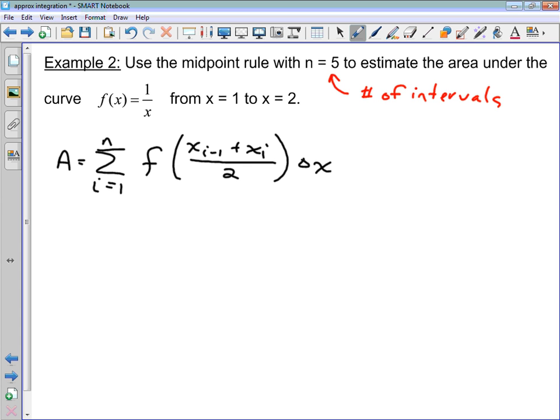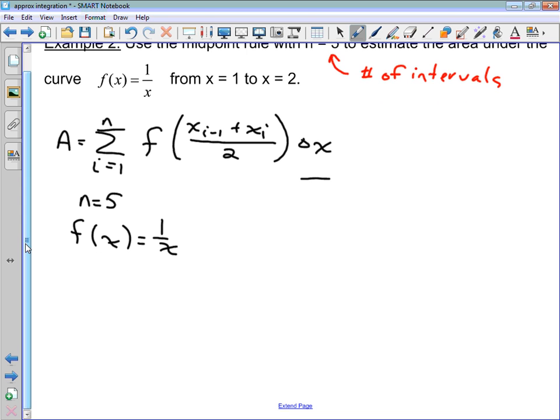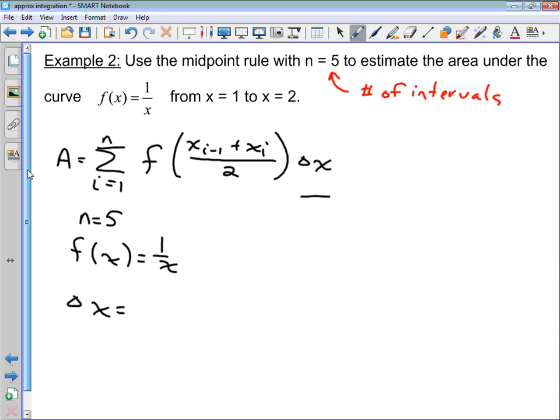So we've got our number of intervals here. We know that n is equal to 5. We know what our function is: our function is 1 over x. And we also need to know what the width of each rectangle is, our delta x. We can calculate that the same way we did in the last example.